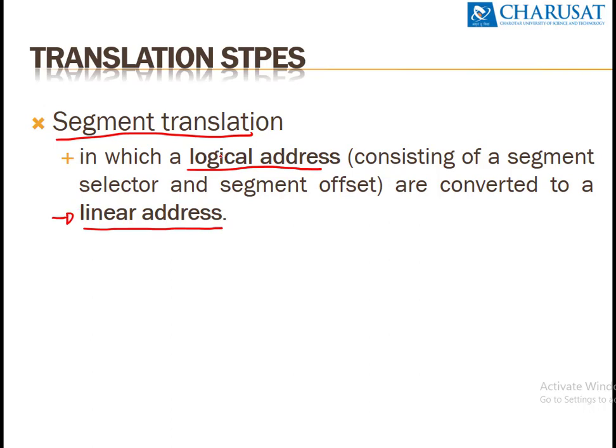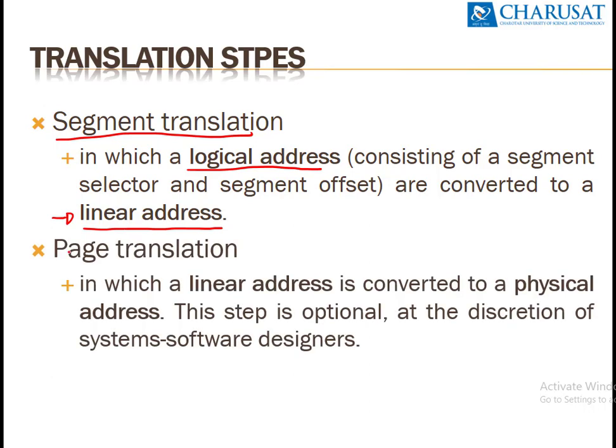Logical address is known to you; linear address is new terminology. The second stage is page translation, where the linear address is converted into physical address. So logical address LA is converted into linear address LIA, and linear address is converted into physical address PA.